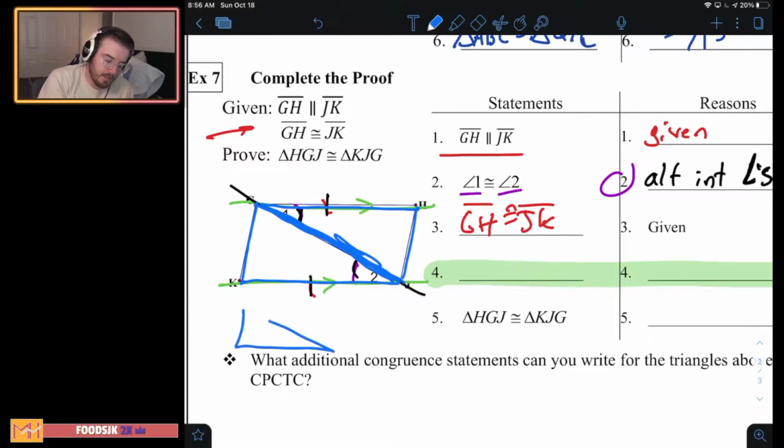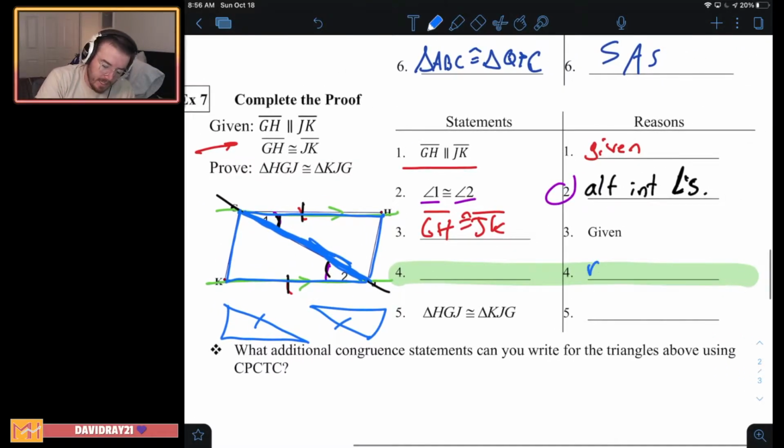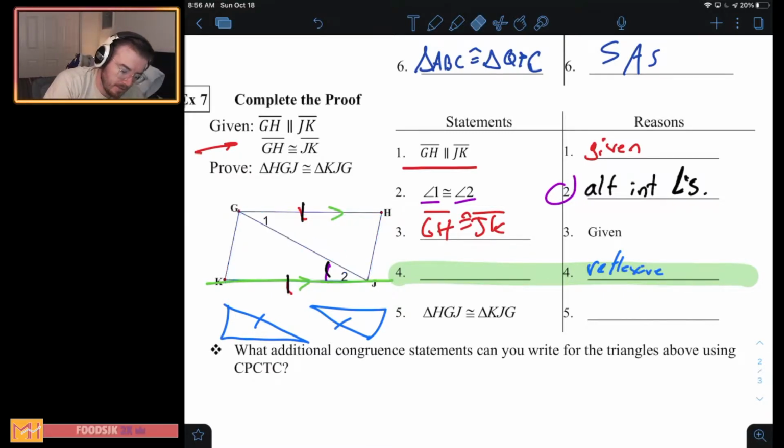Rip them apart, right? We know that that side and that side are the same due to the fact that it's literally the same side. So, reflexive again. Let me erase all my gibberish so I can see the letters.